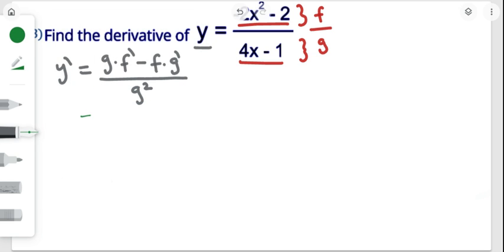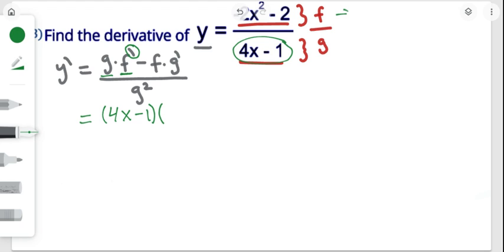So it's going to be equal to g. As I told you earlier, this is the term g, so we're just going to substitute this term instead of g. So we open a bracket for 4x minus 1 and close the bracket, multiplied by the derivative of f. As you can see here, this is f prime, so we need to find the derivative of f.